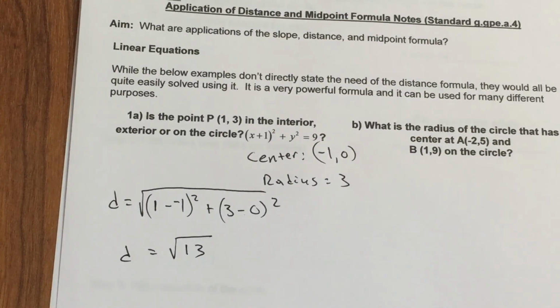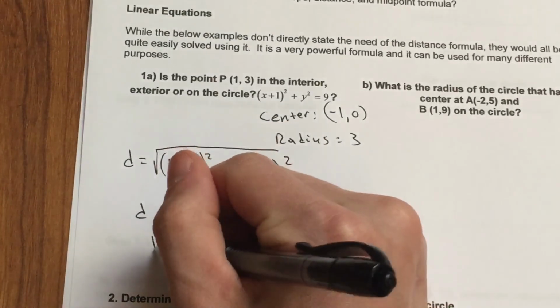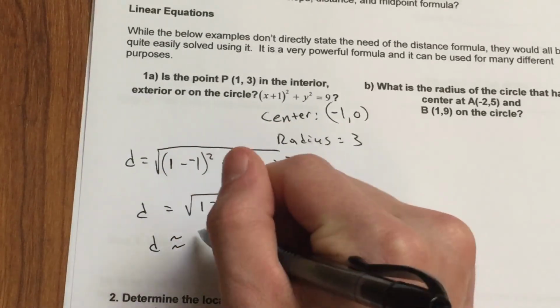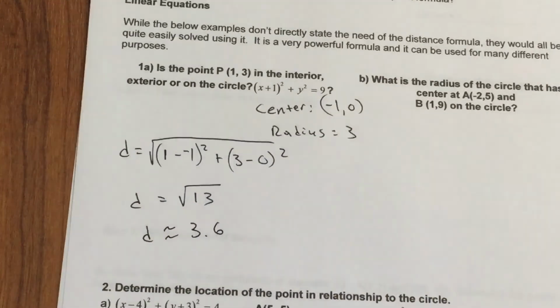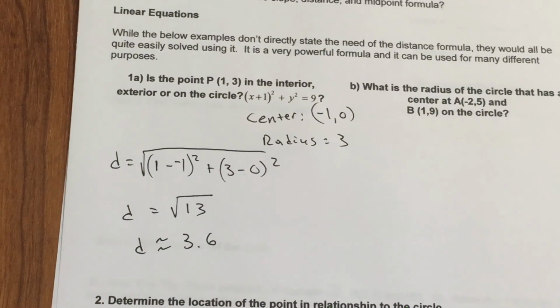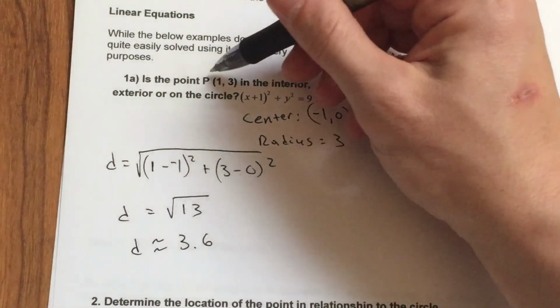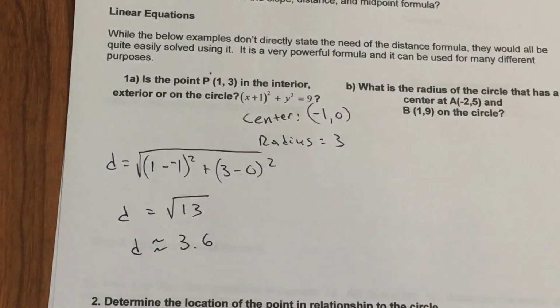If I complete my distance formula, I would get the distance from P to the center of the circle is radical 13. And if you weren't sure what that equals, that's approximately 3.6. So let's think about what this means. That means that this point, P, is 3.6 units away from the center.